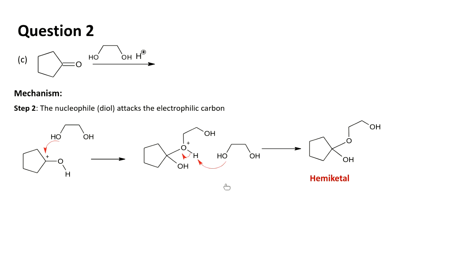So the first step is the formation of our hemiketal. Now, we still have acid in solution, and we still have another hydroxyl group attached to the diol that was added. So the reaction can continue to form a ketal.